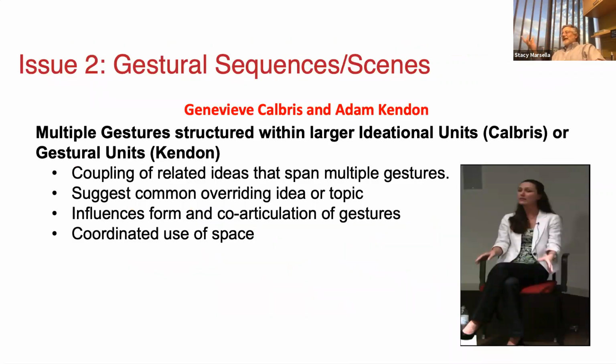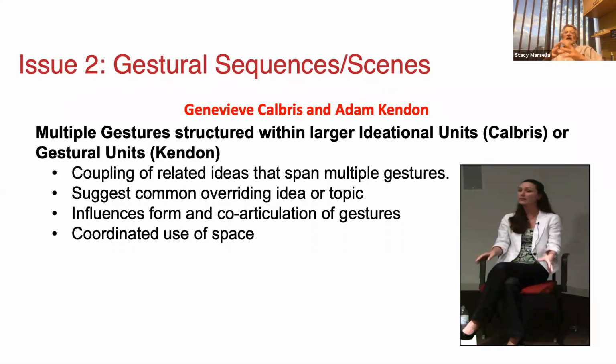Now, we have these interesting complex metaphors, but that's just the beginning of the issue, right? Because what we saw earlier was two gestures working together, the construction of the set and then removing somebody from it. Calbris and Kendon talk about these notions of ideational units or gestural units. It's the basic idea that it's not about single gestures.